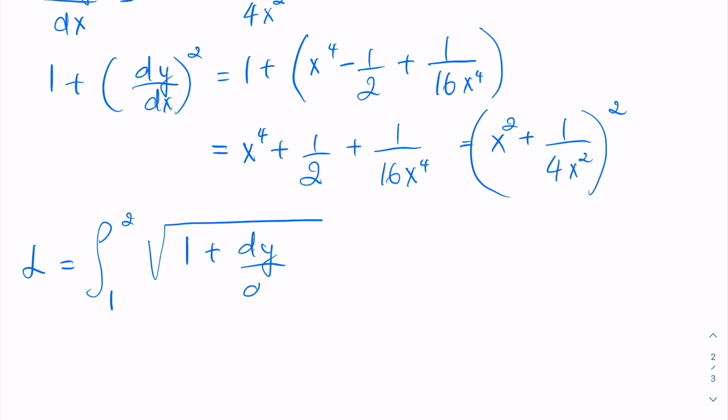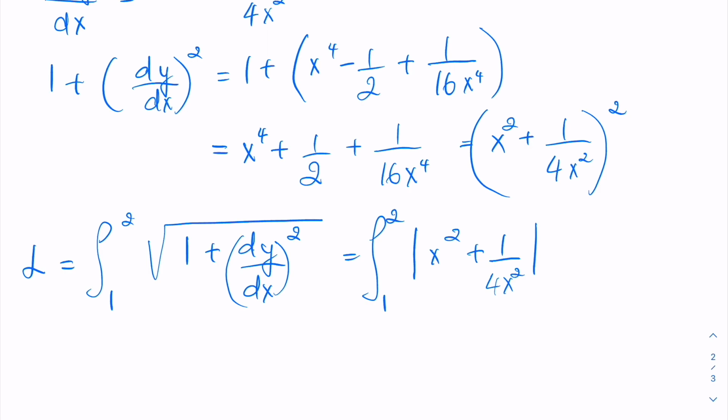So when you plug it in, since we have the square and the square root, they cancel out. So I have the absolute value of x squared plus 1 over 4x squared dx.